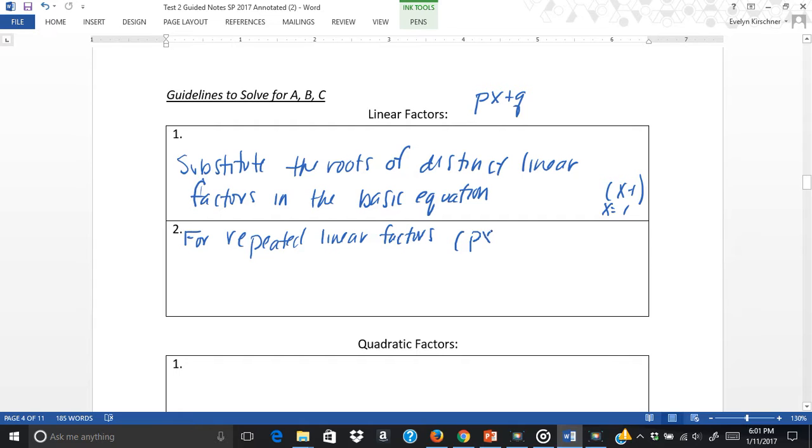And for repeated linear factors, that's like px plus q to the m, where m is greater than 1, we use the coefficients from number 1 up there to rewrite the equation.